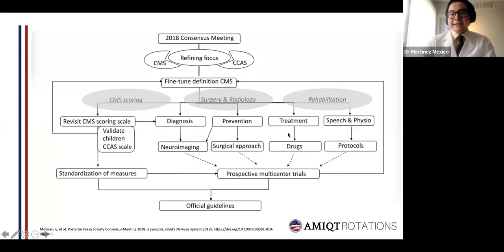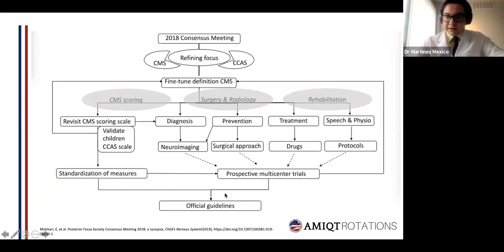And treatment and rehabilitation. The treatment for this condition is very interesting. There are no drugs specifically for the condition, but some studies have tried some drugs, as we're going to talk about in a little while. But rehabilitation is particularly important, and some studies have used a technique called PAS, or paired associative stimulation, to study the effects of transcranial magnetic stimulation in neuroplasticity between the cerebellar and cerebellocortical connections.